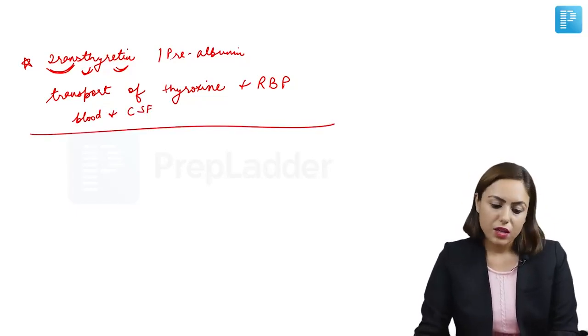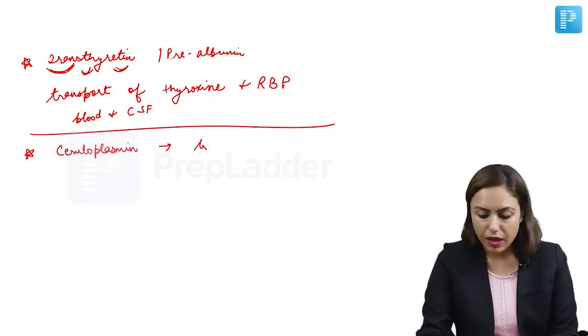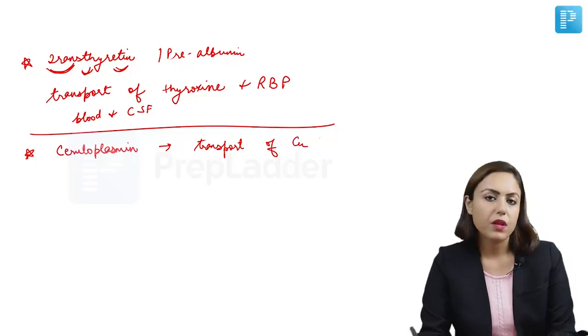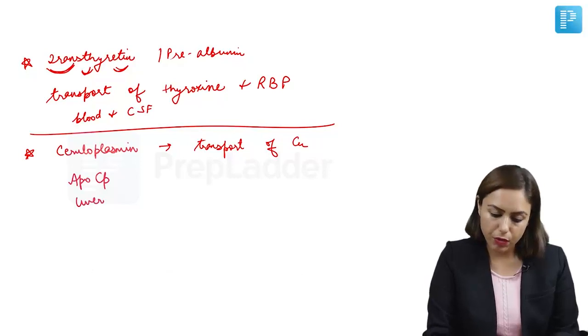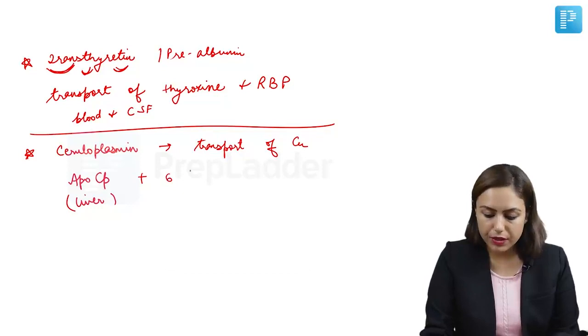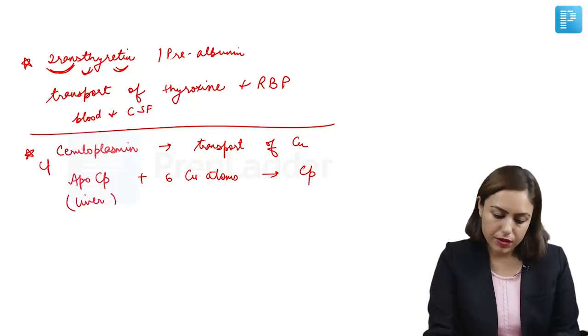Okay. Now another important plasma protein is ceruloplasmin. Ceruloplasmin helps in the transport of copper, right? As a precursor, apoceruloplasmin is formed in the liver. Then it joins with approximately 6 copper atoms, and then it is ceruloplasmin, short form CP.